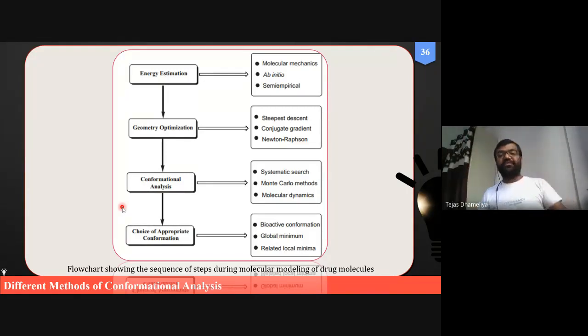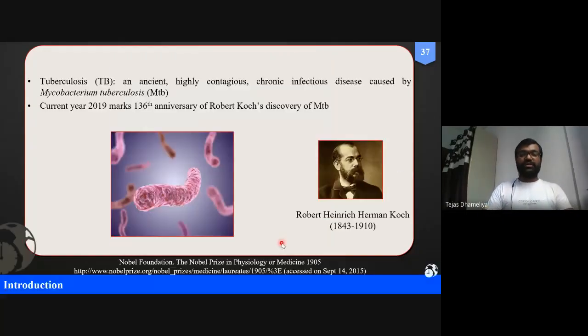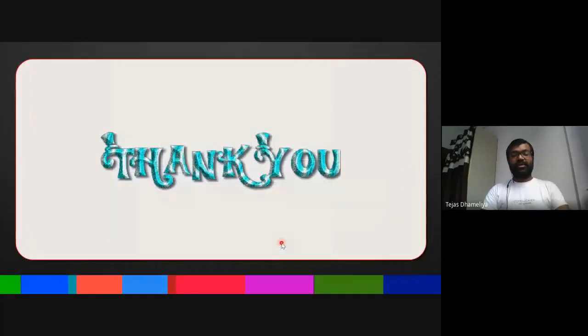If the conformer has the highest energy, it is called the global maxima. If the conformer has the lowest energy, that is called the global minimum. So these are the other methods or tools where we can use such concepts of molecular docking.